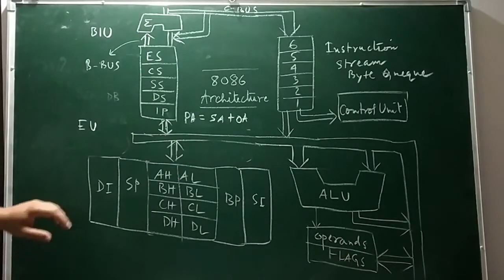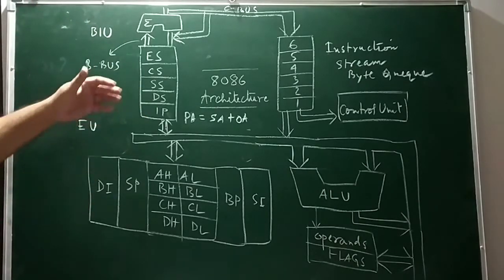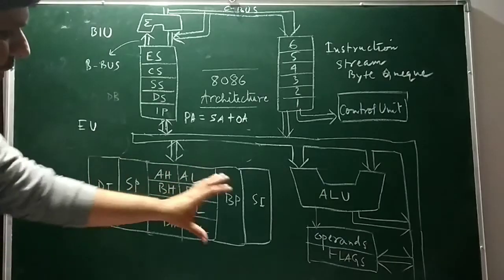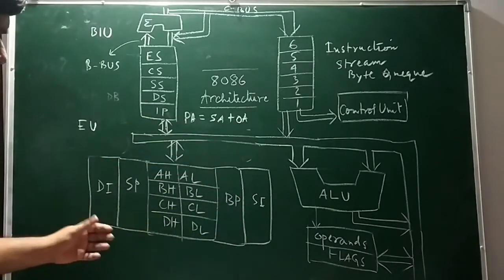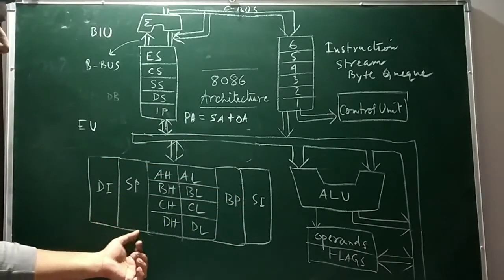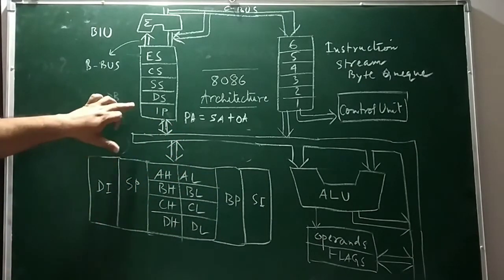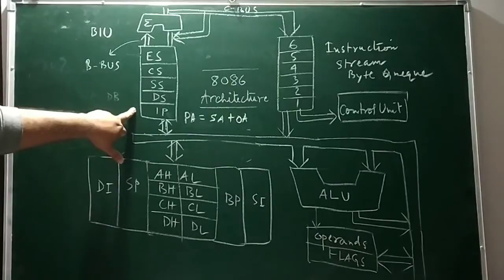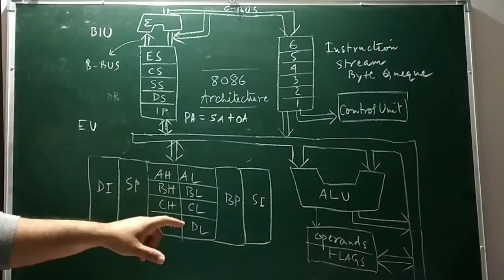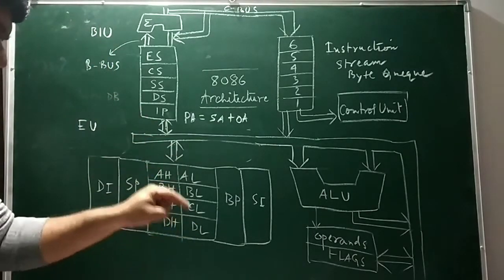Fine. So now we have pointers and index registers. How many pointers and index registers do we have in 8086? We have 5. Fine. So the first is IP. IP is the instruction pointer, which stores a memory location.